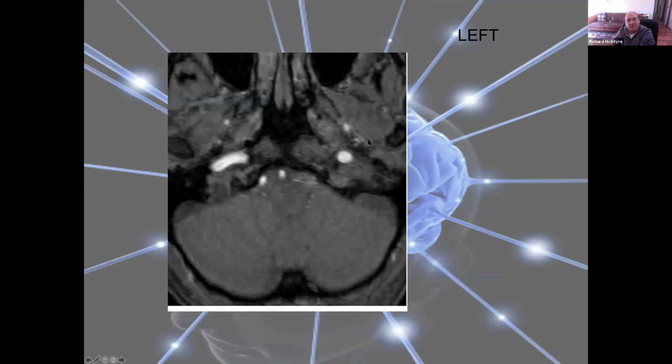We don't need contrast in MRI, but we can see that this is our left internal carotid artery. We're at the level of the nose, so we're above the common carotid artery. So it's our internal carotid artery. And this is our left vertebral artery.